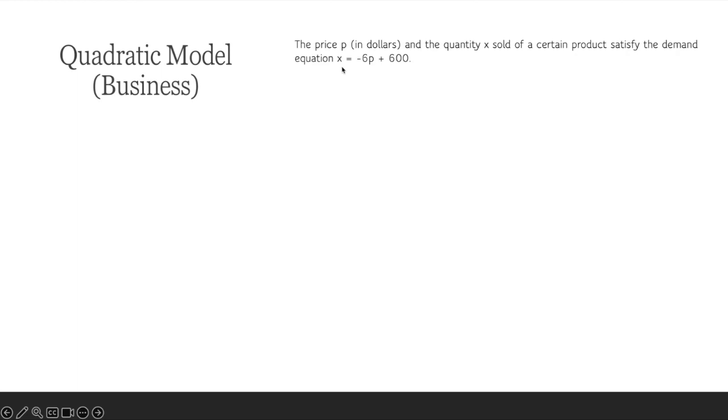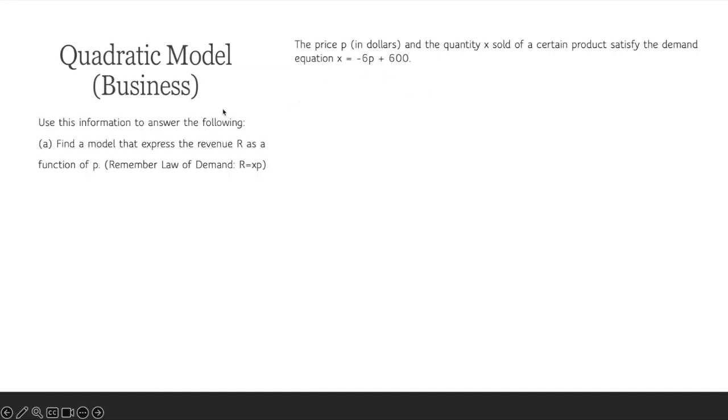They collect the data and then they create a linear model between the quantity sold and the price. And this is how they got this demand equation, a linear equation. But let's see what they are asking.